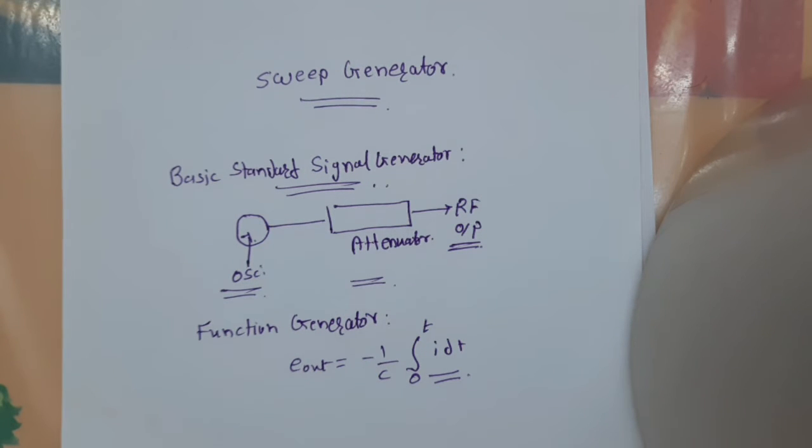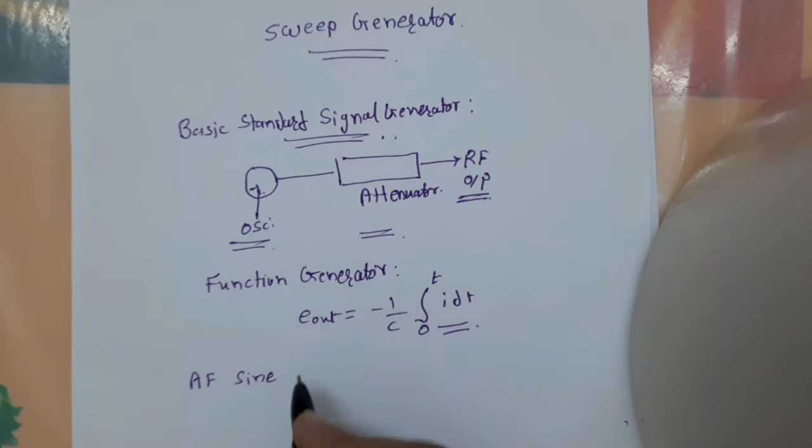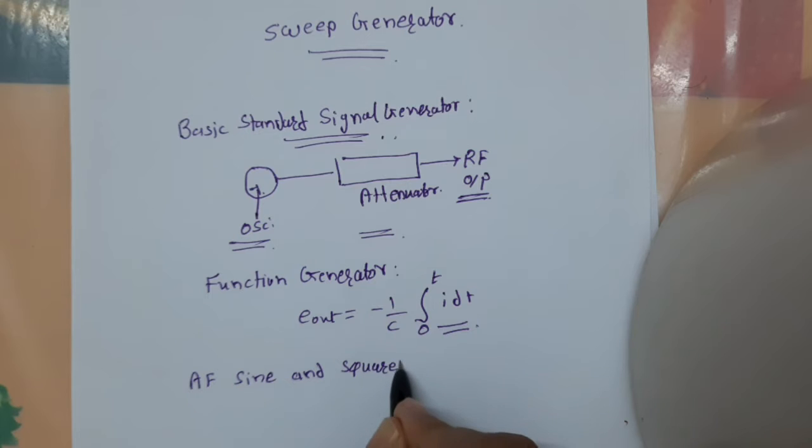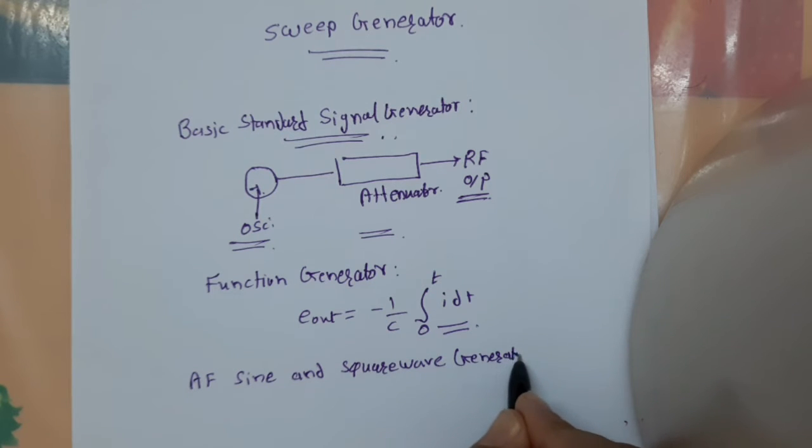Then we discuss the AF sine and square wave generator. Again here we are using a Wien bridge oscillator and attenuator.